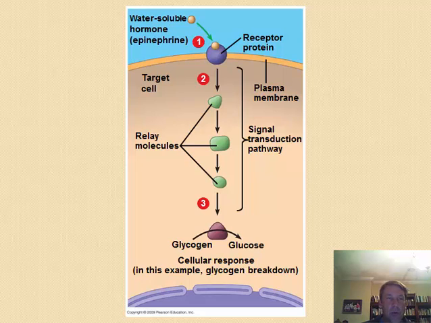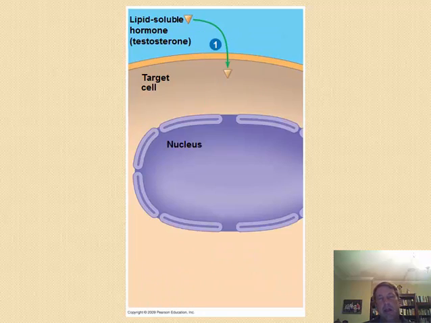Another example is lipid-soluble hormones like steroids, and they act a little bit differently. Testosterone is a lipid-soluble hormone, and it can go straight through the membrane. No need for a protein on that membrane. It goes straight into the cell. Once it's in the cell, it attaches to a receptor protein and forms a complex that will be carried into the nucleus.